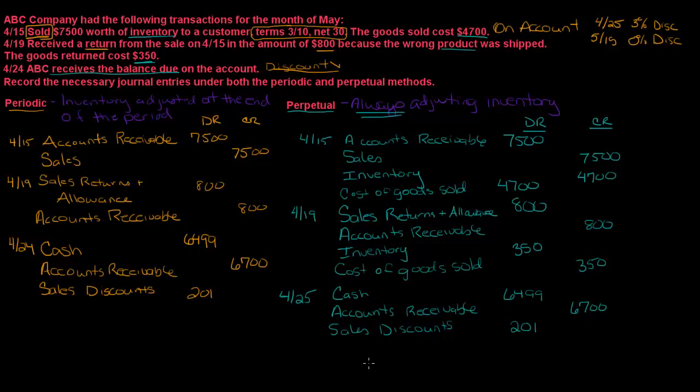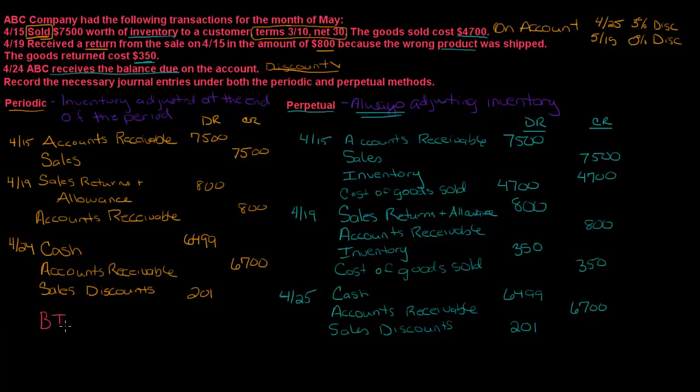So when you're reviewing this material, remember that with perpetual you have to be thinking, is my inventory moving? If it is, you almost have to do two different journal entries, one to record the sale and one to record the movement of the inventory. Under periodic, we never record the movement of inventory because we record it at the end. Think about how we calculate our cost of goods sold.